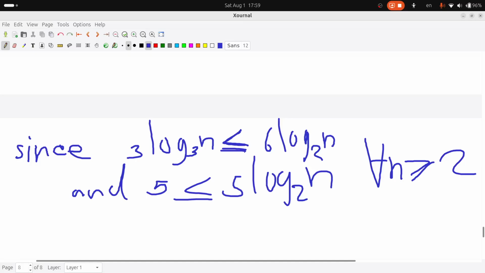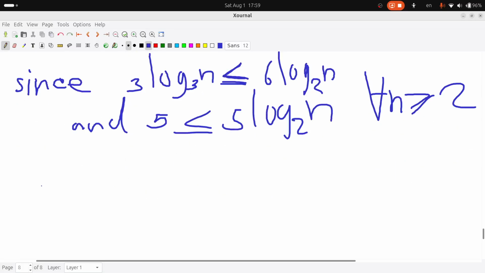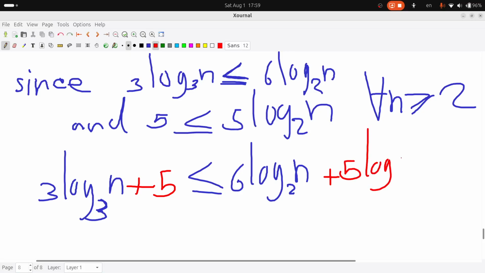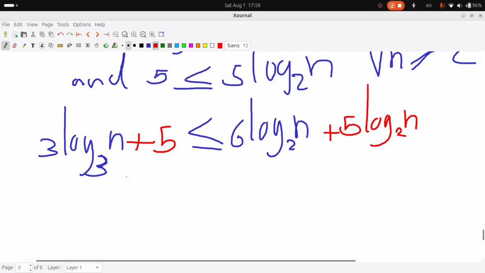We can combine them, so we can say that 3 log n base 3 plus 5 is less than or equal to 6 log n base 2 plus 5 log n base 2.